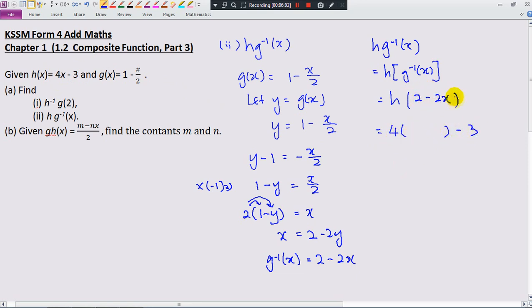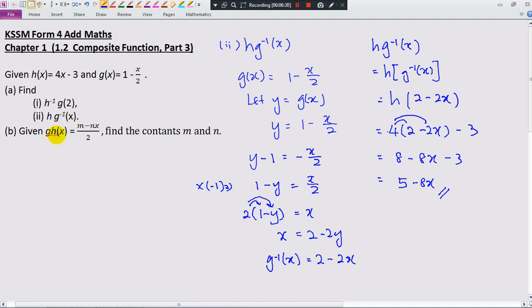This whole thing you just plug in here. 2 minus 2x. Do some expansion. For 2 you get 8. For 2x you get 8x here. Minus 3. Okay, so 8 minus 3 you get 5. And this negative 8x we cannot do anything, we just copy. So this will be the answer for the second part.